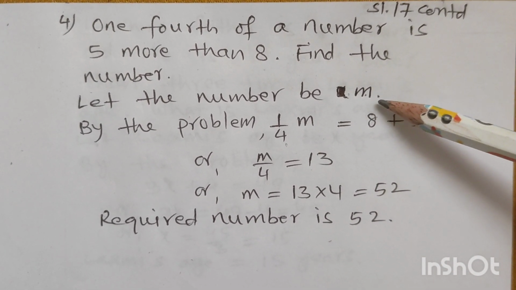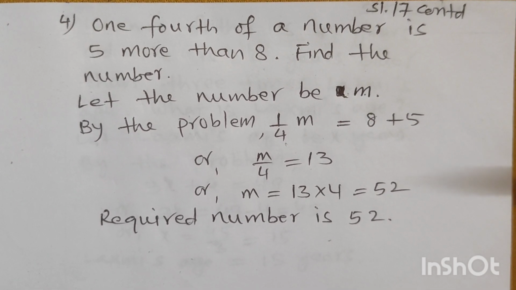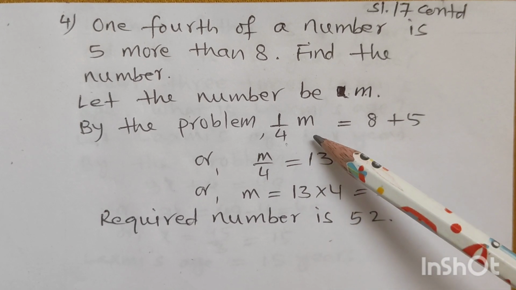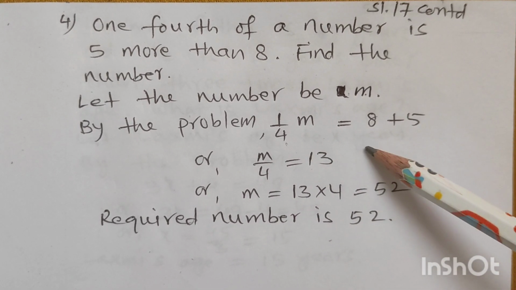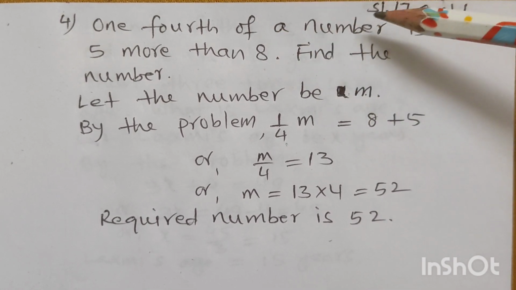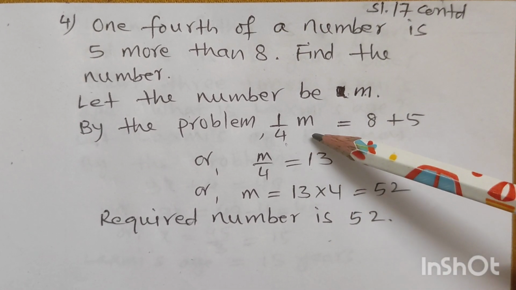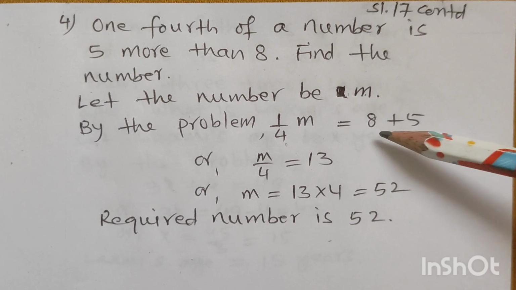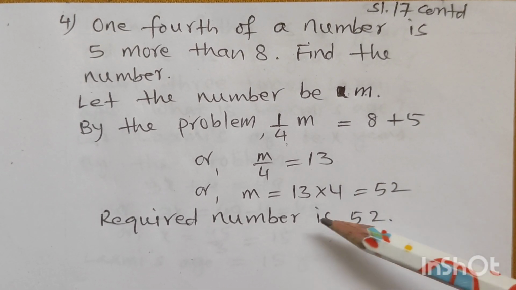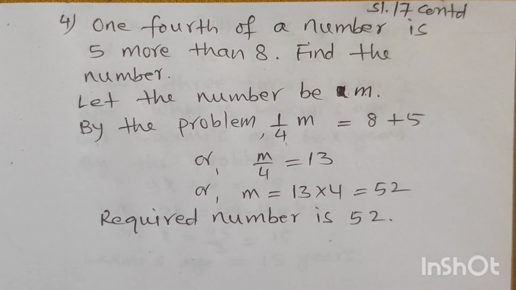Here we are assuming m as a number in place of x. Whatever variable we can choose. So 1/4 of m is equal to 8 plus 5. The sum was 1/4 of a number is 5 more than 8. And then we simplify it and we get m equals 52. So the required number is 52.